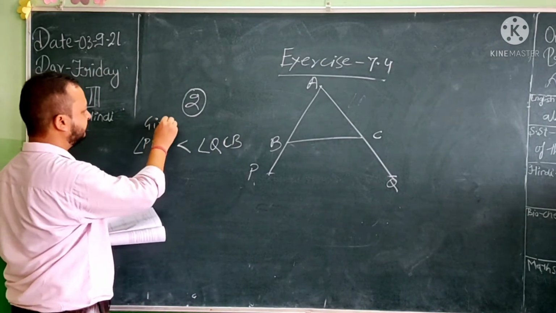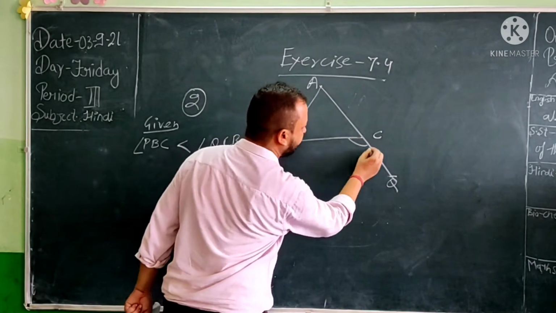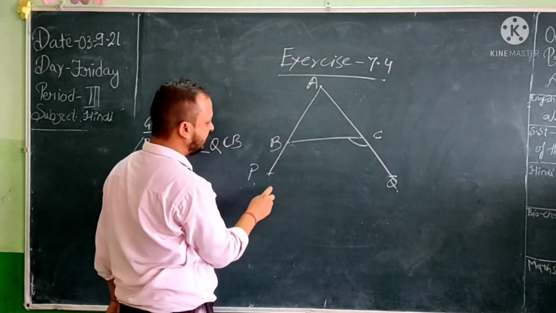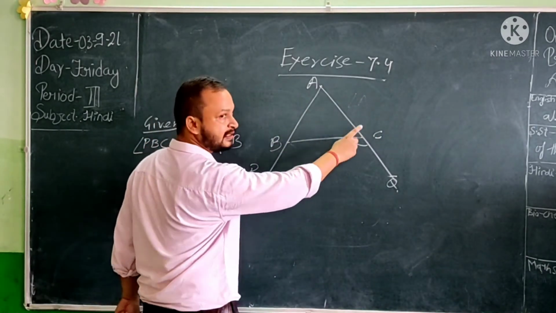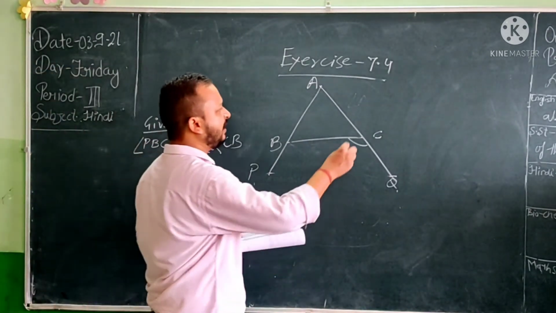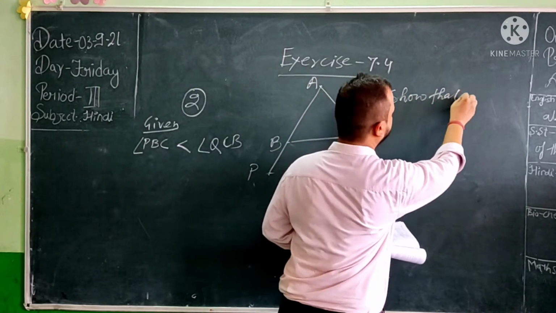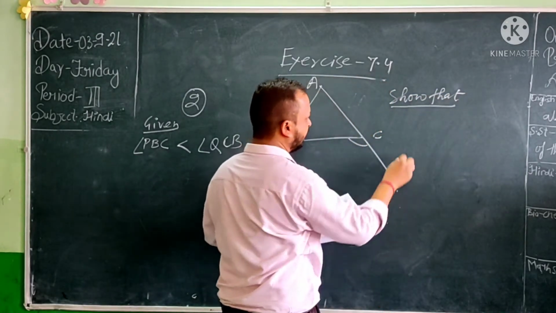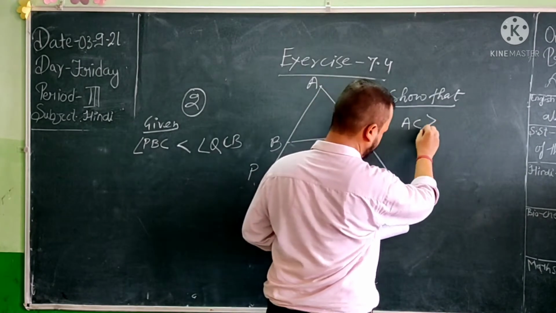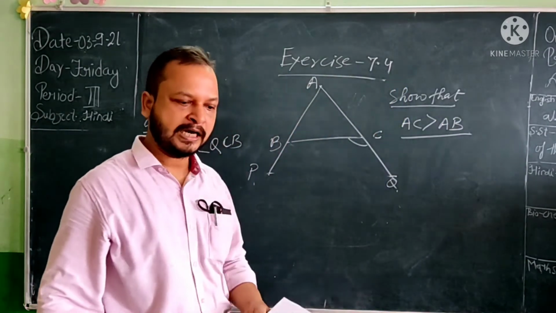Right? This is given. It means this angle QCB is greater than angle PBC. We have to show that AC is greater than AB.